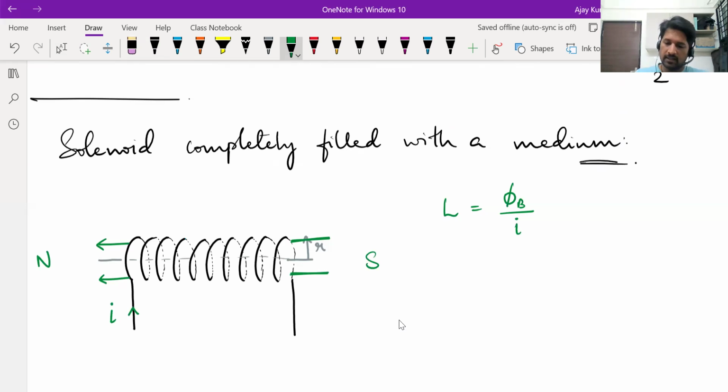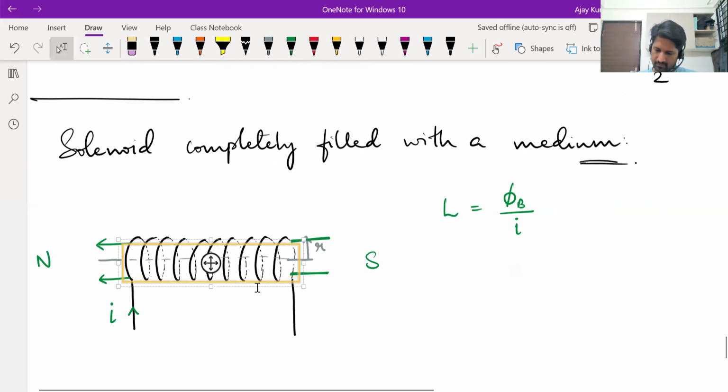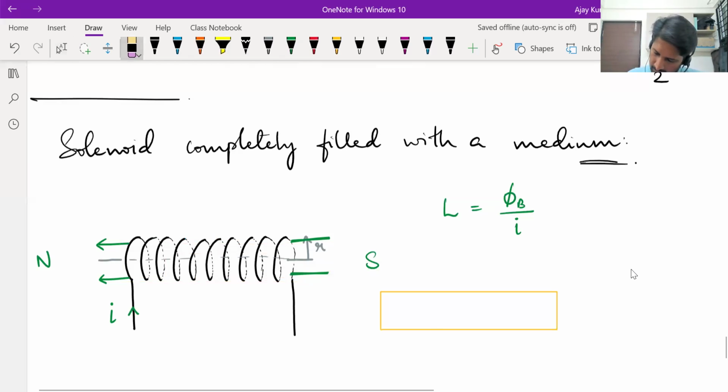If there is some other medium placed inside this solenoid, let's say the medium completely fills the space inside the solenoid. Assume it is also in cylindrical shape so that it exactly fits the solenoid.